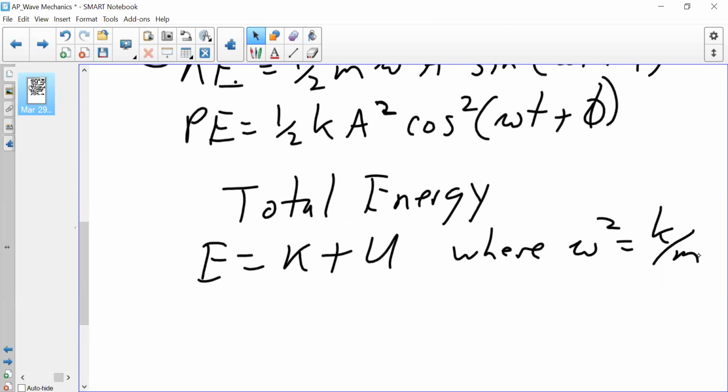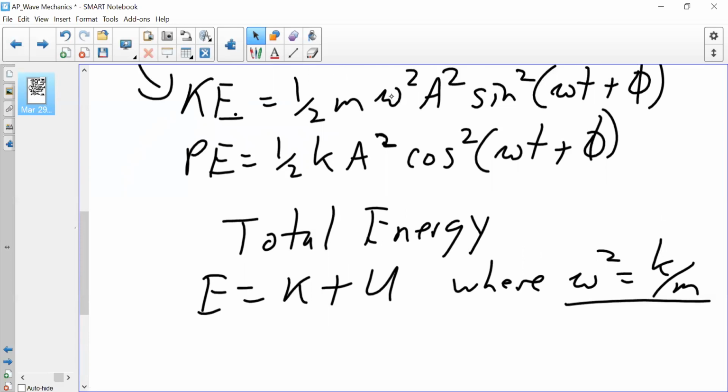So we have m d squared x dt squared equals the force of the spring. So basically, we get this expression by solving for the position function that we took for granted. But this is what omega squared is, and we're going to be using that here.